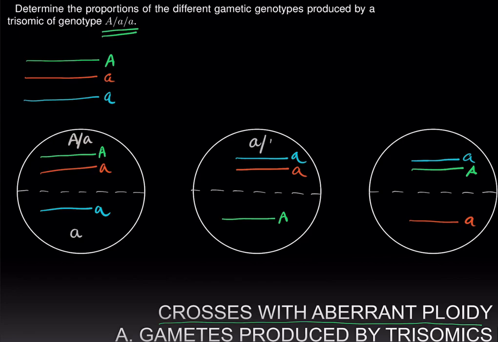Then you have little a, big A, little a, and little a. Now, since the univalent segregates randomly, it chooses which side in a random fashion, all of these possibilities are equally likely, and therefore they're all 1/6.